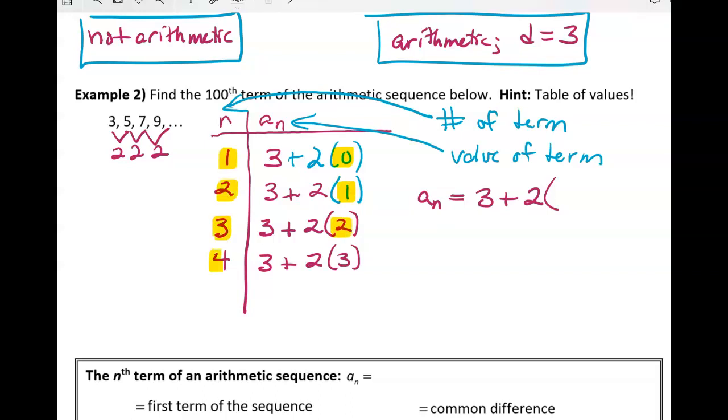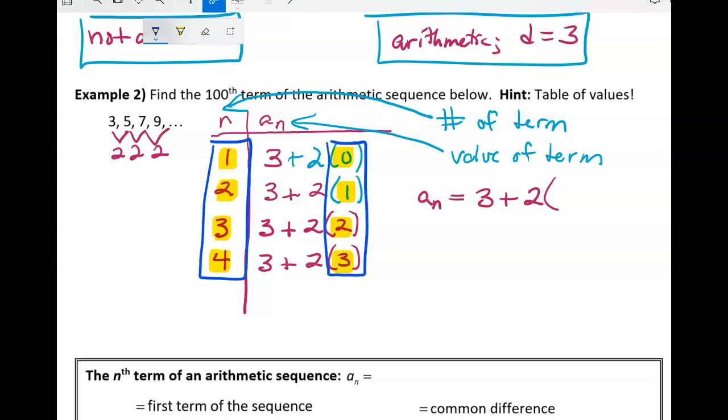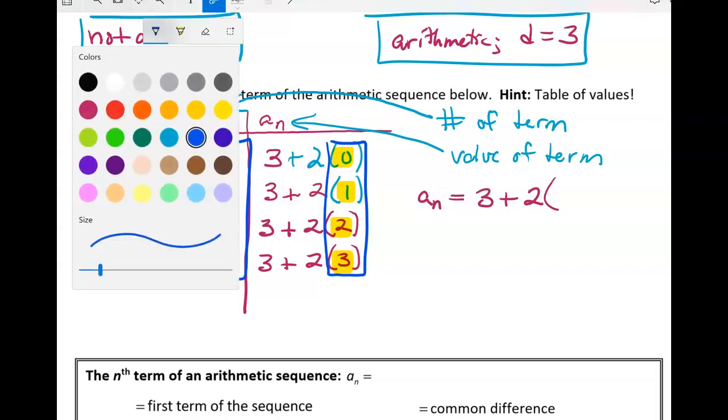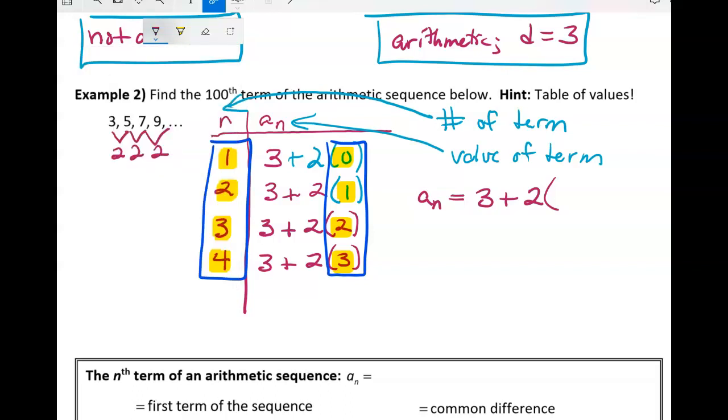Take a look at each of those entries, and what you'll observe is that the entries in the a sub n column, 0, 1, 2, and 3, are all 1 less than the entries in the n column, 1, 2, 3, 4. So the number that 2 gets multiplied by is the term number minus 1.